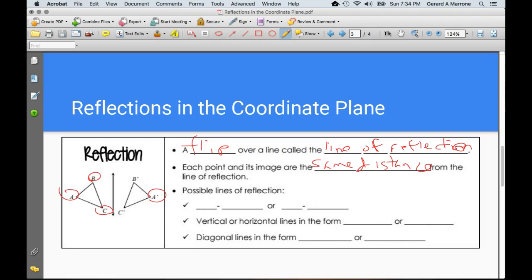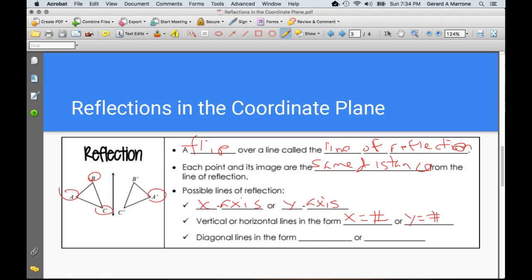The possible lines of reflection that you'll see are the x and y axes, so the x-axis or the y-axis. We can also have vertical or horizontal lines where x equals some number or y equals some number.